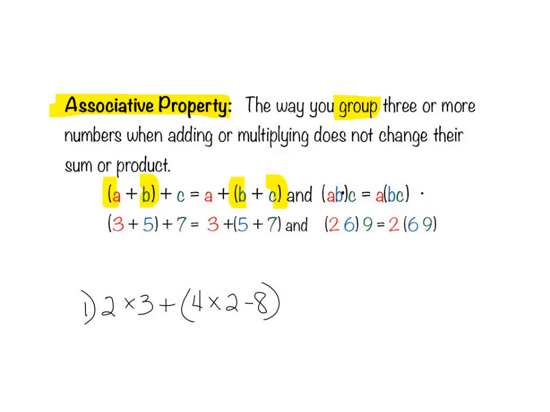The same works for multiplication. A times B times C with AB in parentheses is the same as A times B times C with BC in parentheses. Okay, as far as a numerical example goes, 3 plus 5 in parentheses plus 7 is the same as 3 plus 5 plus 7 in parentheses.